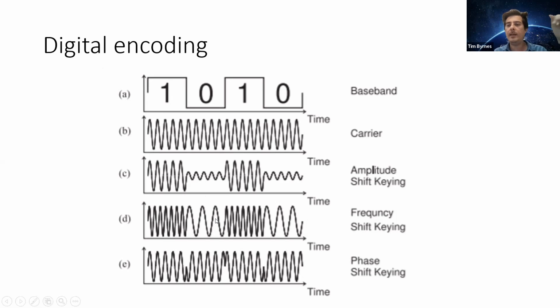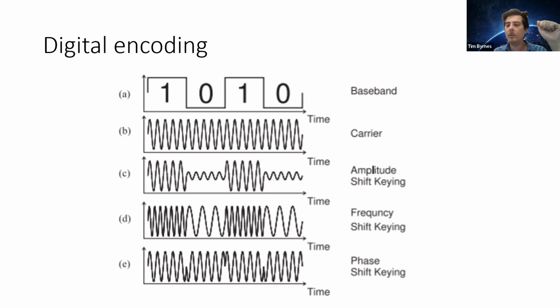And so on the receiving end, you can retrieve the digital information by looking at either the amplitude or the frequency, or there's another way to do it, which is using the phase of the wave.